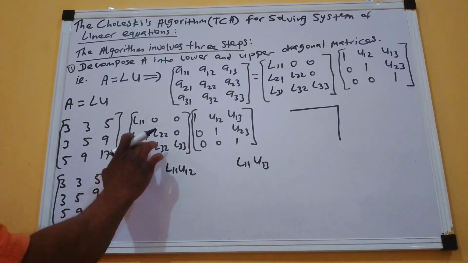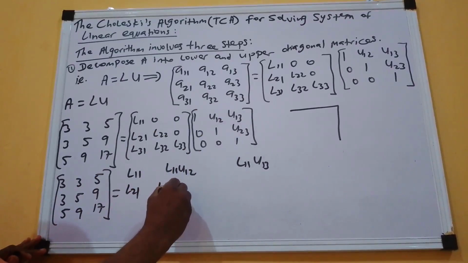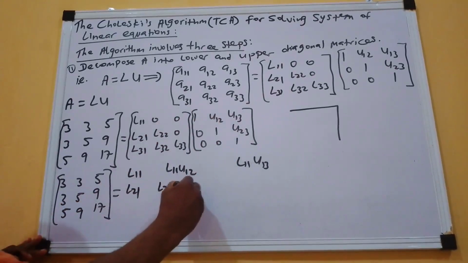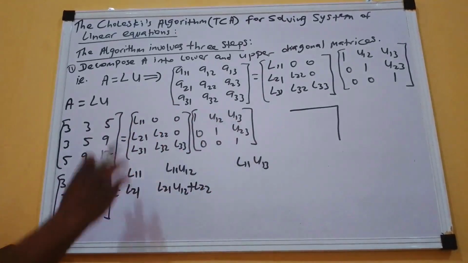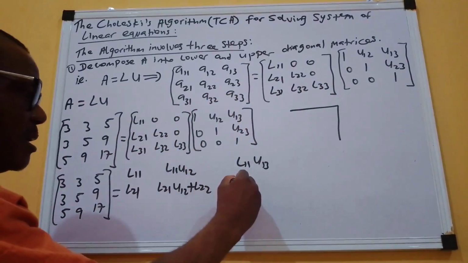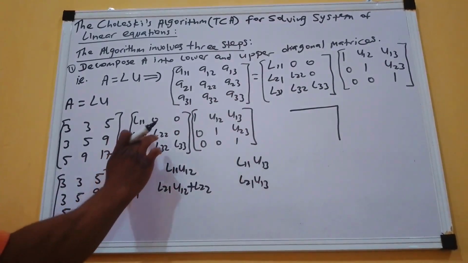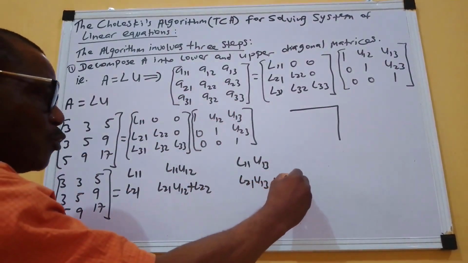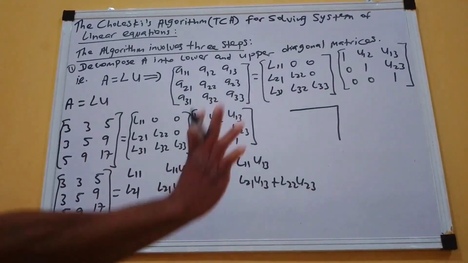Then L21 times U12, this will be L21 U12 plus L22 times 1 plus 0 times 0, which is 0. Then the third one, L21 times U13, this will be L21 U13 plus L22 U23, then 0 times 1, of course it will be 0, you don't add it.